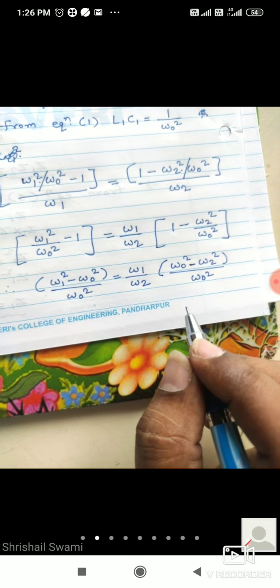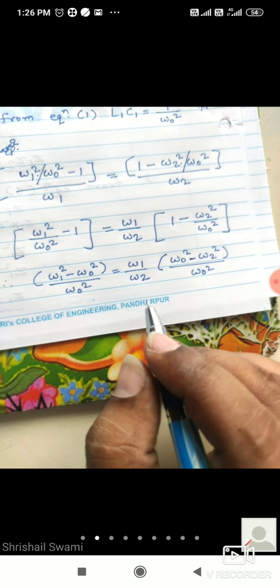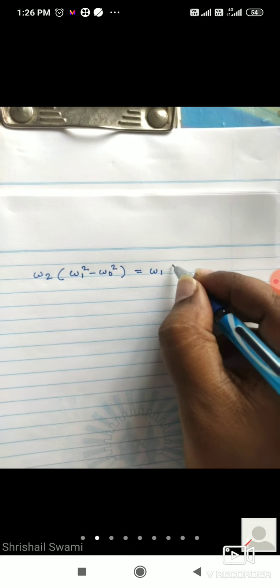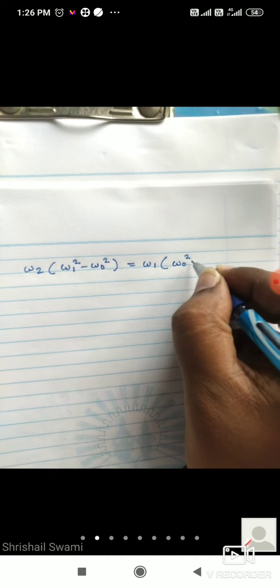Again here the things will get cancelled, omega 0 square, omega 0 square. So only 3 steps are remaining. Omega 2 multiplied with omega 1 square minus omega 0 square is equal to omega 1 multiplied with omega 0 square minus omega 2 square.